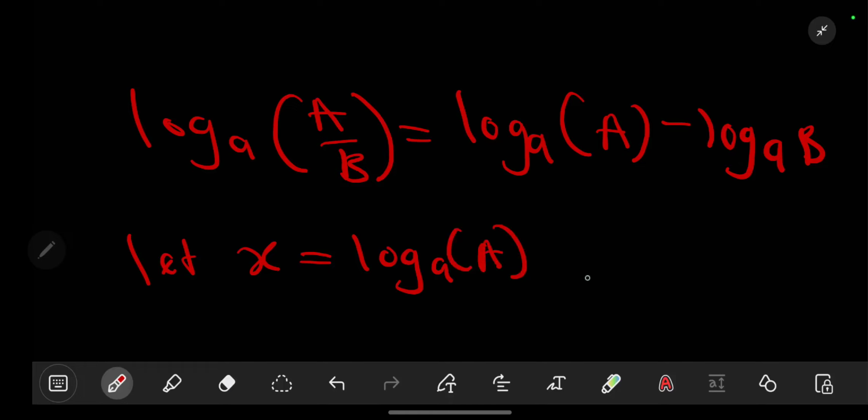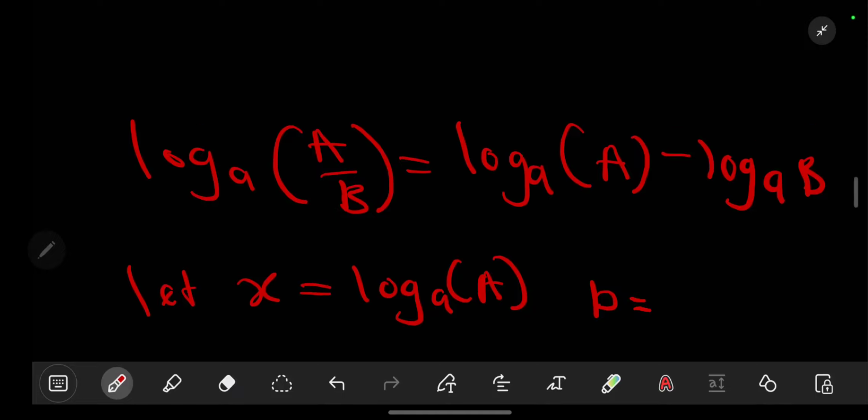Then we have our y, we can get any entity that is not showing in the equation, so let y be equal to the log of b base a, the second part.